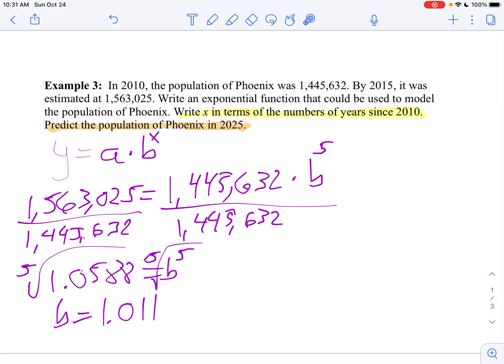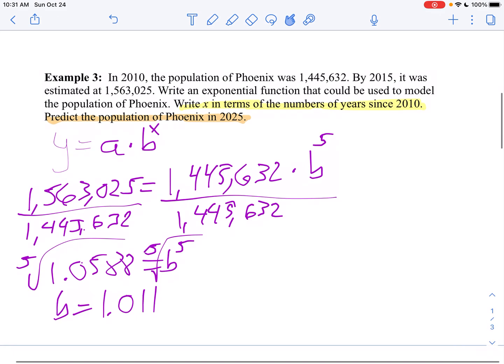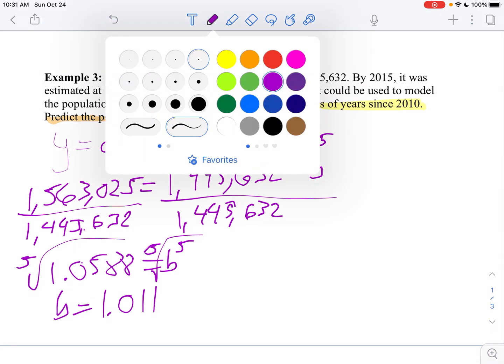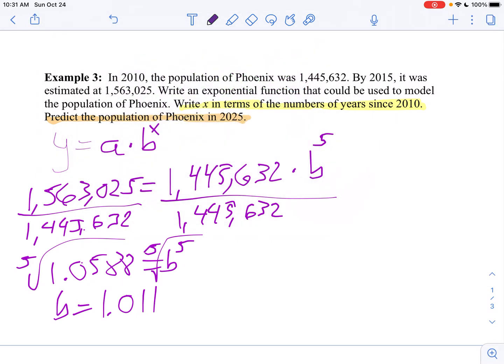My equation then is y equals a, which is 1,445,632, times 1.011 raised to the x power.